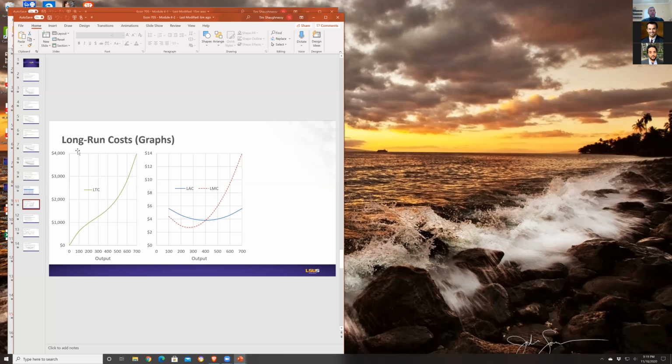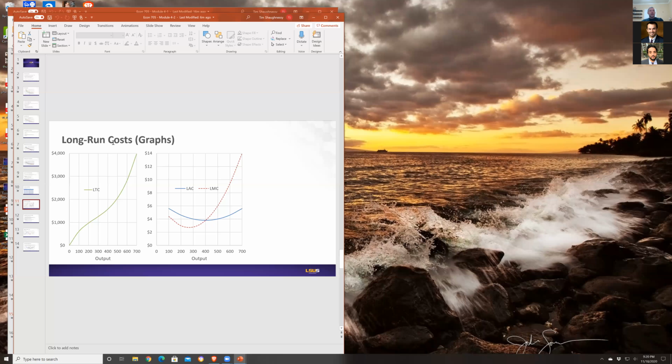And if you remember, the long run is that period of time where you can adjust not only your amount of output and your short-run inputs, like the number of workers you're using, the amount of electricity you're using, your variable inputs, but you can also vary what used to be fixed inputs.